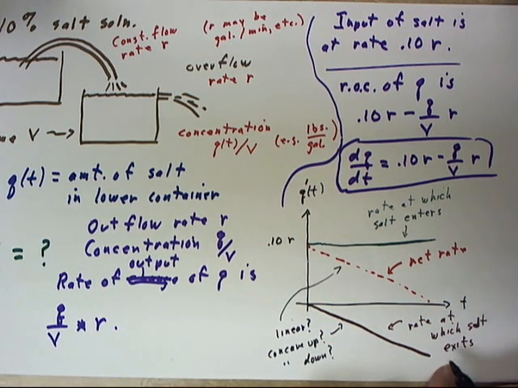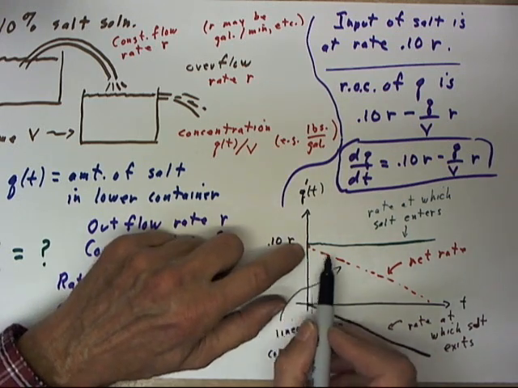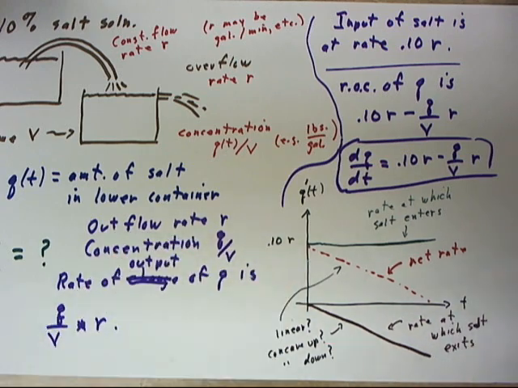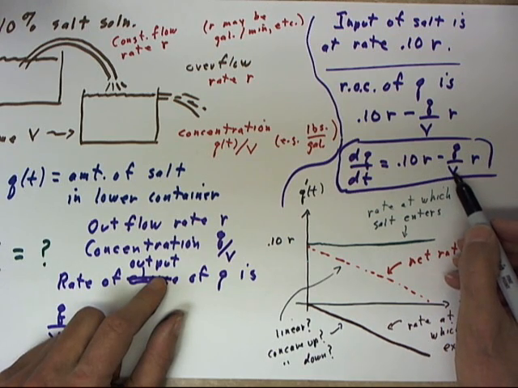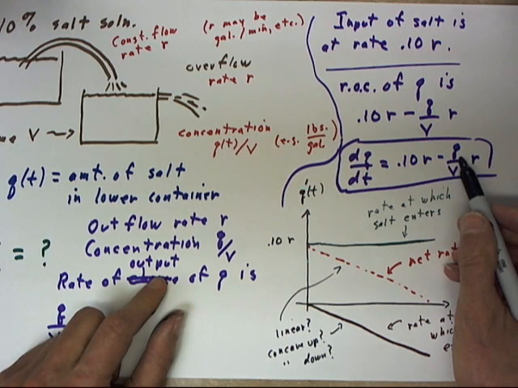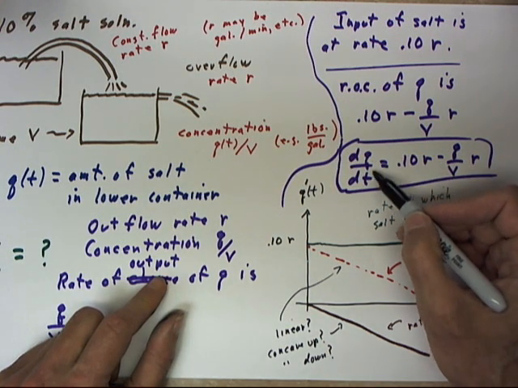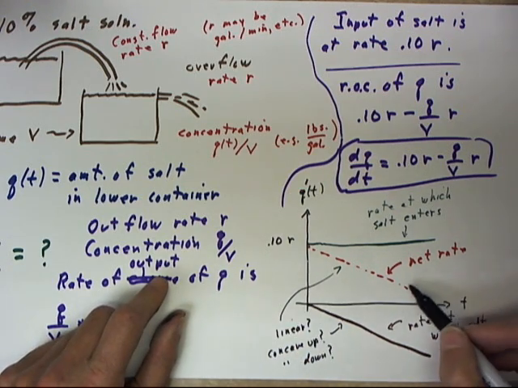If we take a little bit of liberty with the words, we see that we have a net rate of change of salt that's decreasing with time. Up here in the equation we see that if Q increases with time, then this right hand side is going to decrease. The bigger Q gets, the bigger the negative gets, and the smaller will be dQ/dt. So that's consistent with the graph. We have this net rate of change.